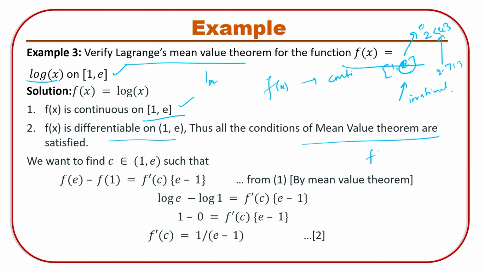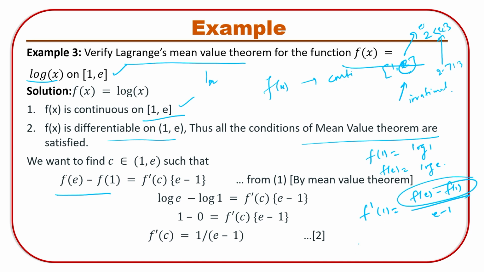I will calculate f of 1, which is equal to log of 1, and f of e, which is equal to log of e, and we have f dash of c equal to f of e minus f of 1 divided by e minus 1.